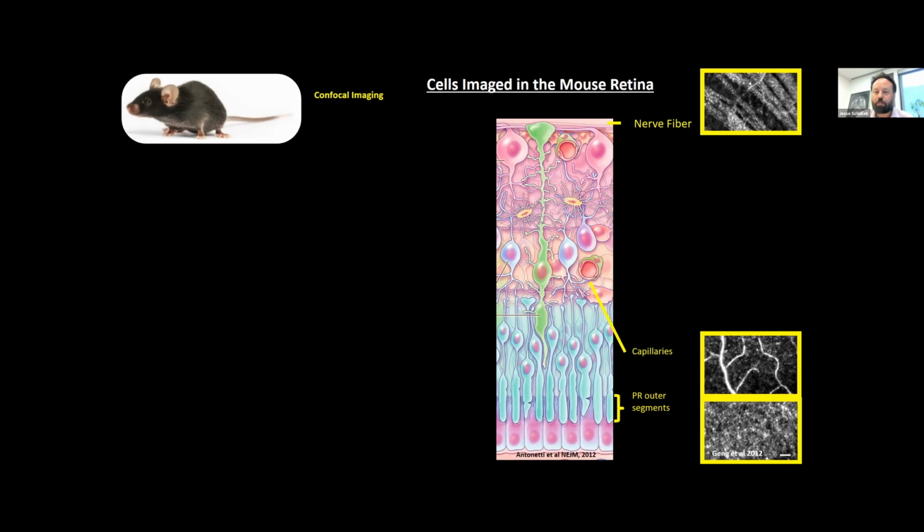These were, of course, photoreceptors, the capillaries, which are really microscopic, about 1/10 the thickness of a human hair, and the nerve fiber bundles that backscatter light very effectively.